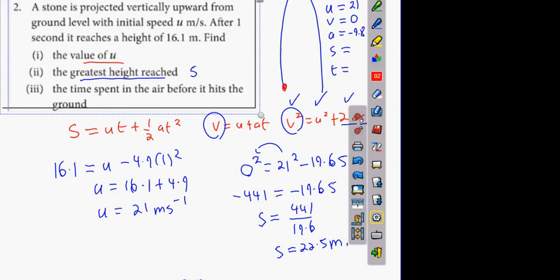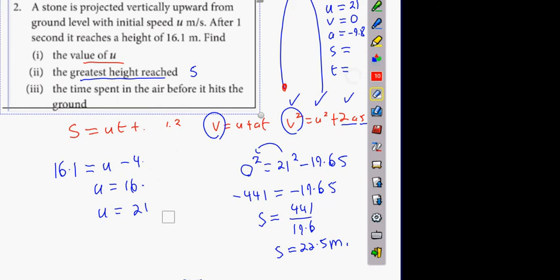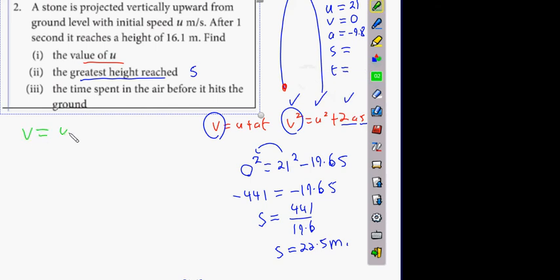So what I can do for the next part is use v equals u plus at. So 0 equals 21 minus 9.8t, and then 9.8t equals 21. t therefore is, what's 21 divided by 9.8?